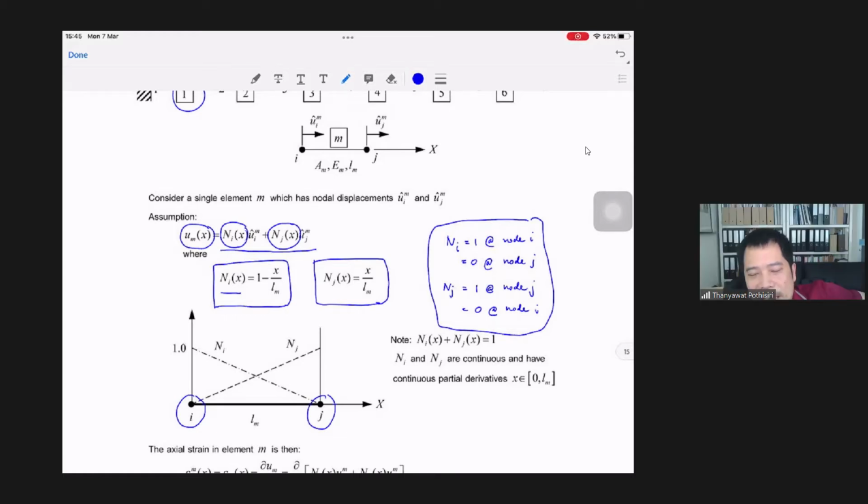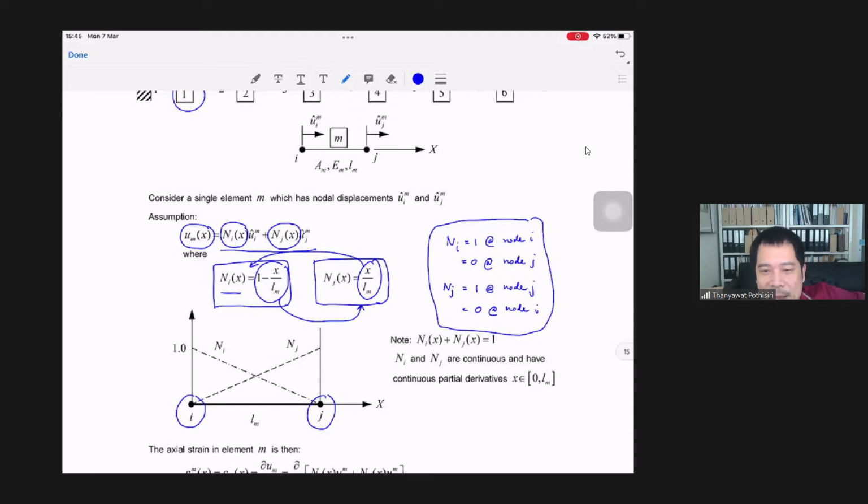All right. So Natachai was talking about it has to be a linear function, but for example, can I switch this to Nj and switch this to Ni? Would that be possible? Suppose I have linear functions for both of them, but can I change this place? Like, can I call x over L as Ni?